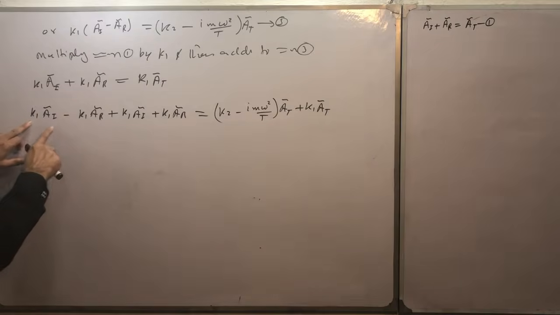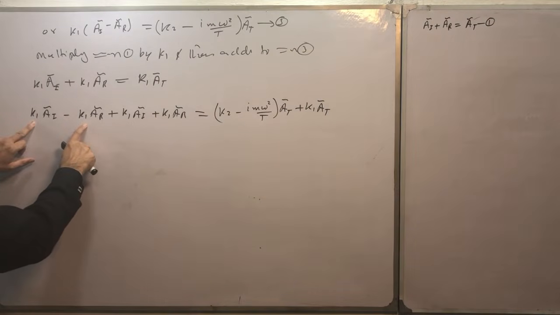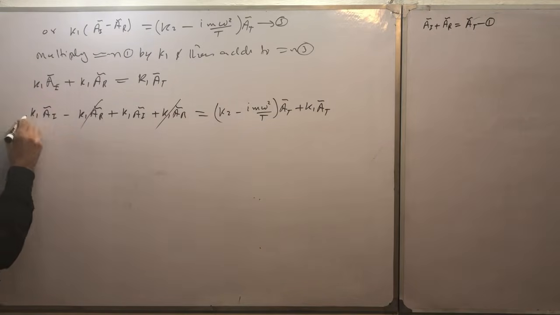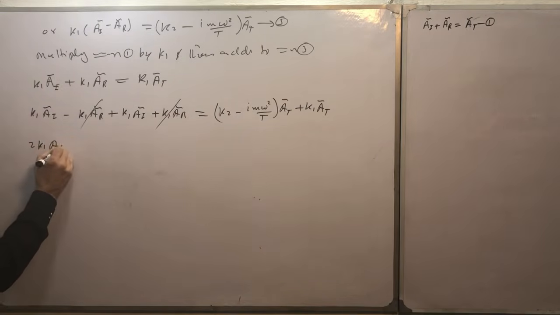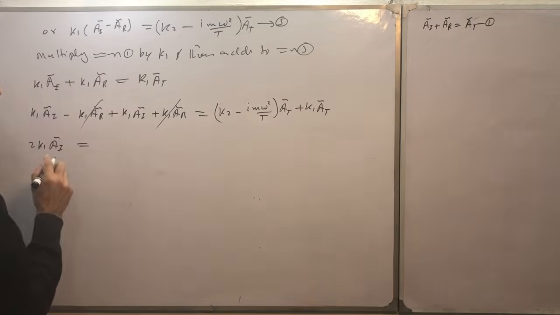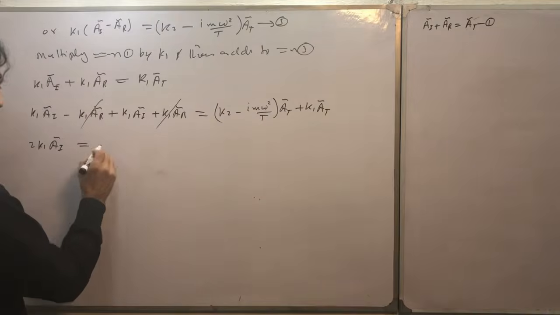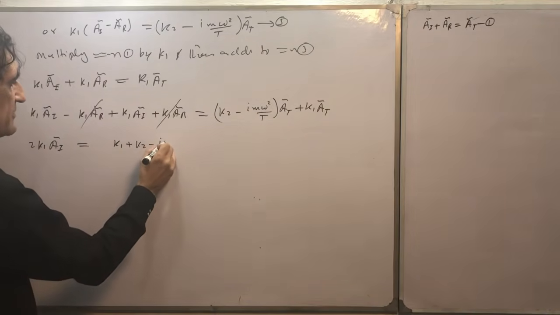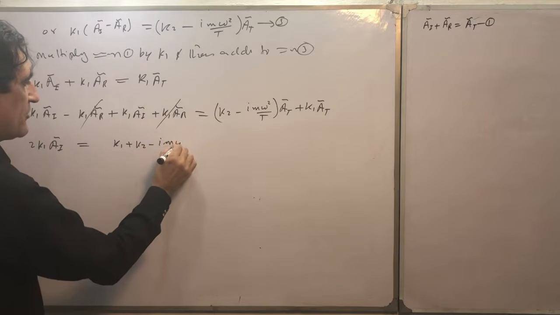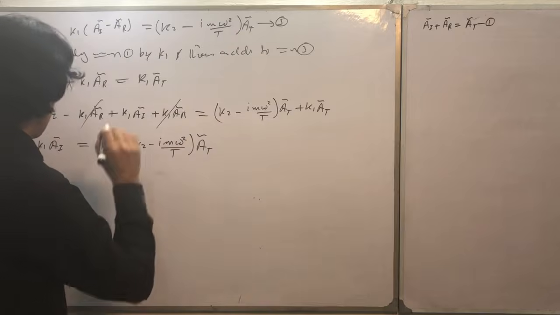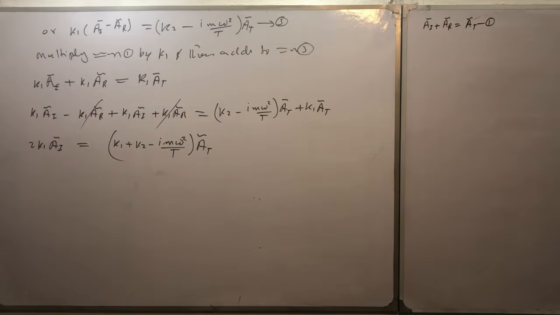Now let's see what we can cancel out. AR and AR will cancel, and we have 2K1 AI, which is equal to, taking common, K1 plus K2 minus iota m omega square divided by T, times AT.